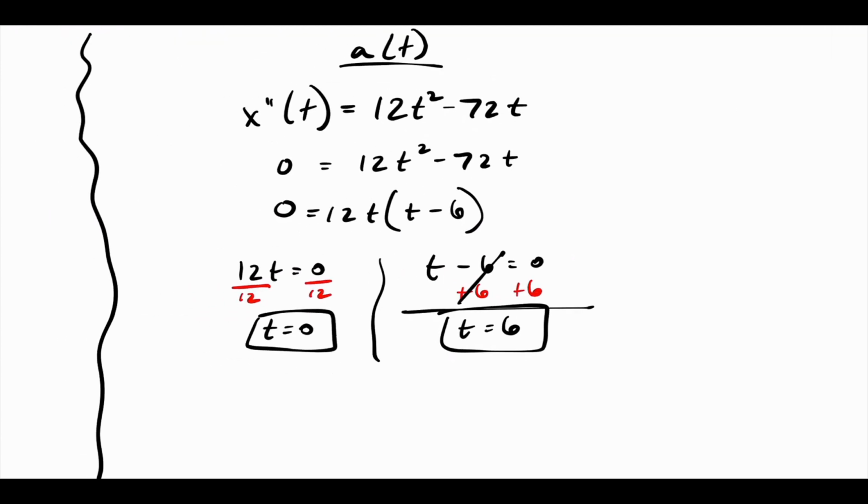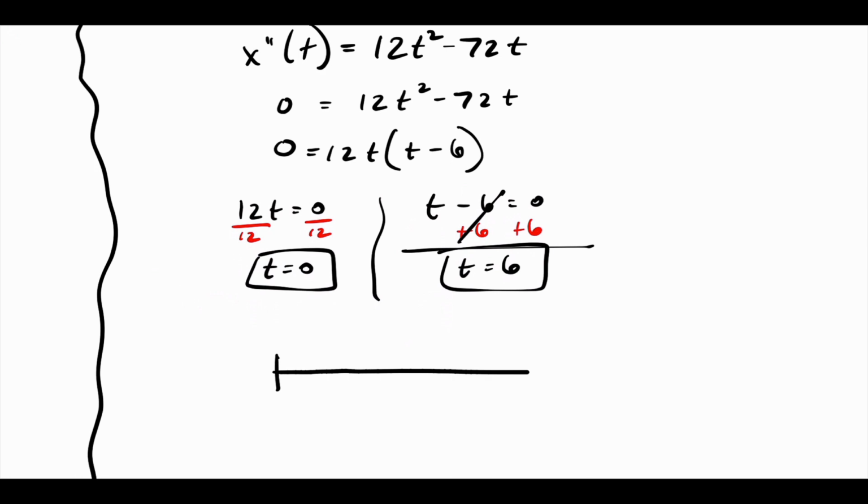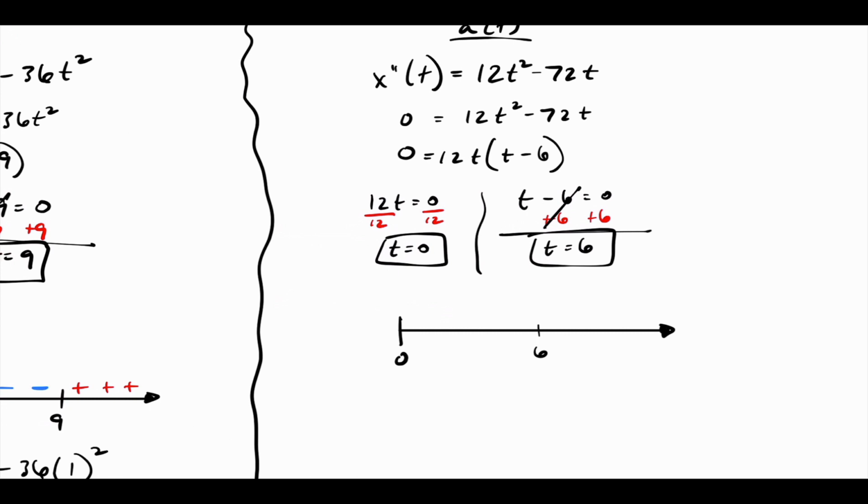Again, can't have a time less than 0. So when I draw my number line, it's going to start at 0, and we'll have 6 on there. Same thing. Plug in a number in between 0 and 6. Plug in a number bigger than 6. See where the second derivative, acceleration, is going to be positive and where it is going to be negative.